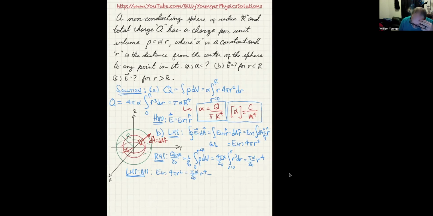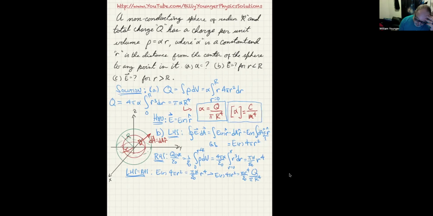I've got to actually substitute my alpha. So I'm going to say E of r times 4 pi r squared is equal to pi r to the 4th over epsilon naught, and then all that times Q over pi R to the 4th with a big R.